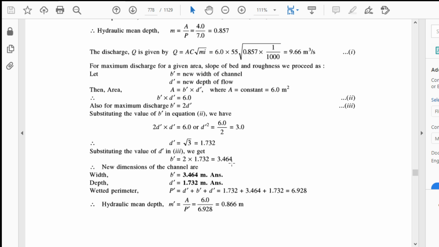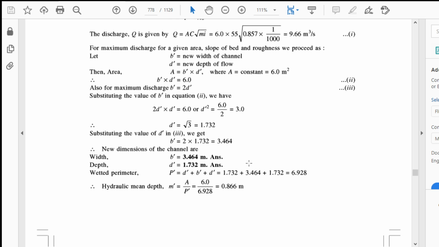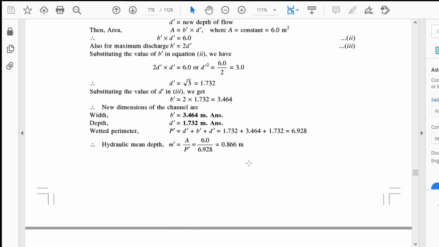Now the wetted perimeter for these new dimensions will be P dash. P dash will be B dash plus 2 times D dash. The perimeter will be 6.928.